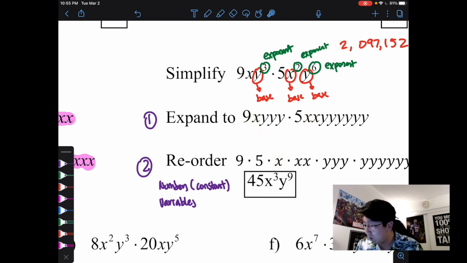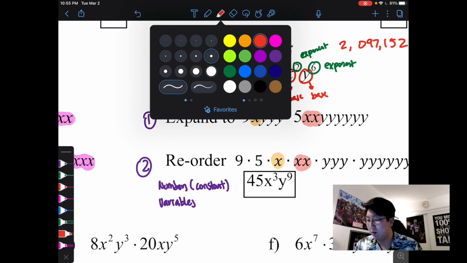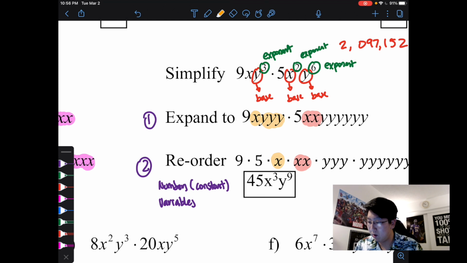then the variables. Now notice that the x from here, I'll go ahead and highlight this. I like the orange color, right? I'll go ahead and use red to just kind of show you. This is from the second one. And then the orange again for these 3. Double highlight.